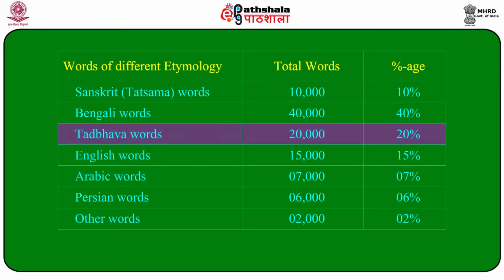It clearly shows that in the Bangla newspaper text corpus, 40% of words come from Bangla and 20% from Tadbhava sources. So 60% are of native source, and 10% of words are Tatsama words. So nearly 70% of the vocabulary of Bangla belongs to the native stock.